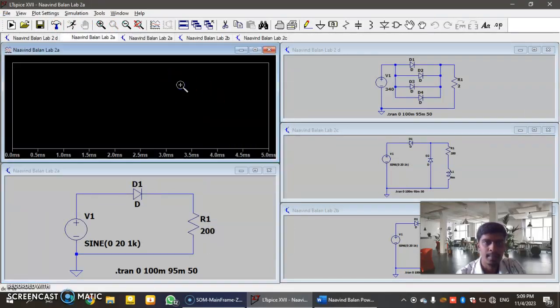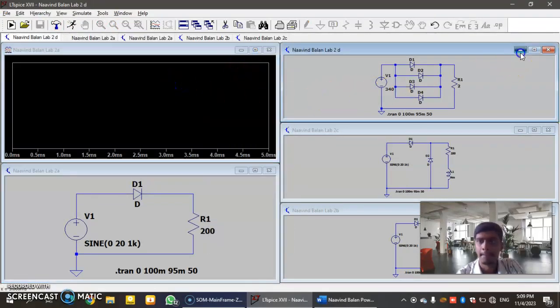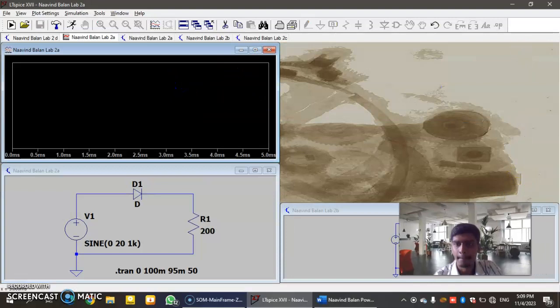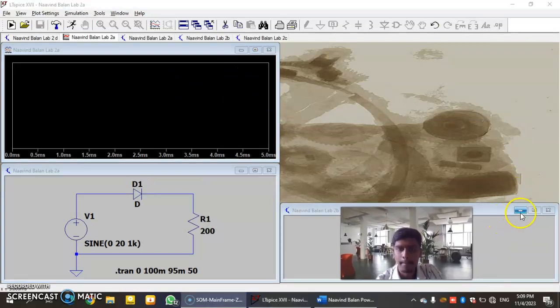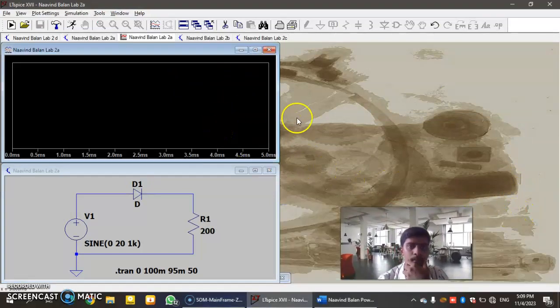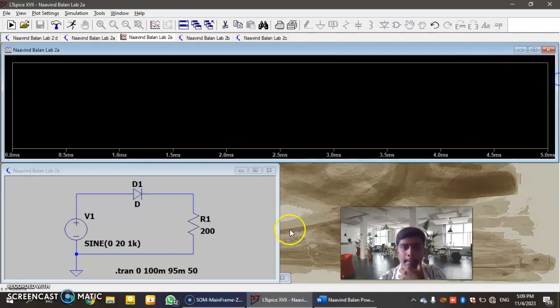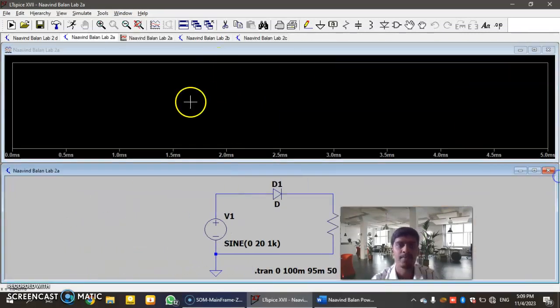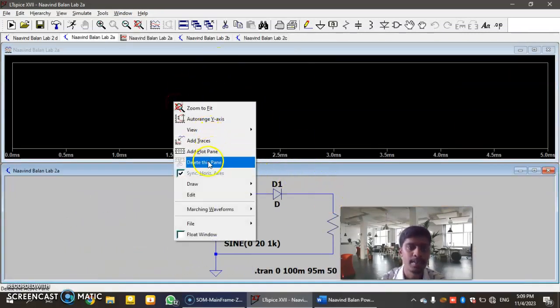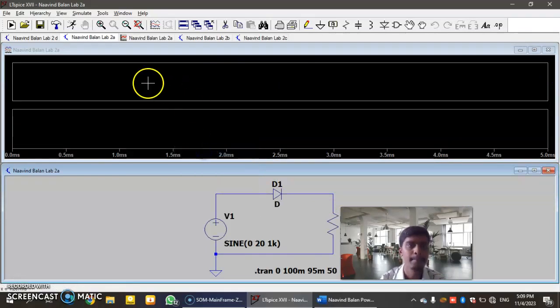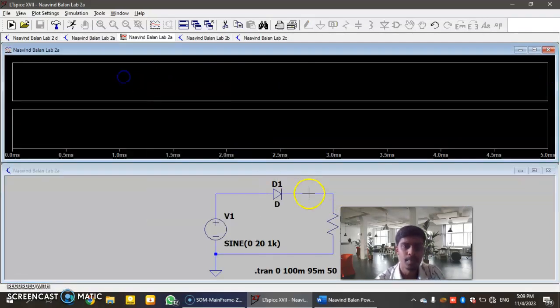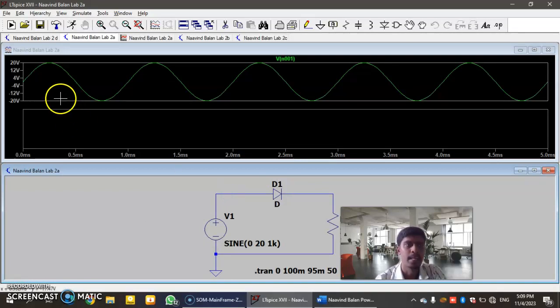For the V in, my result will be like this: 0 to 20 volts, and one cycle is 1 millisecond.